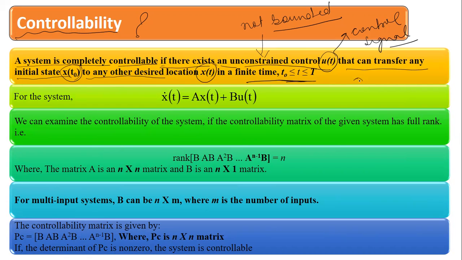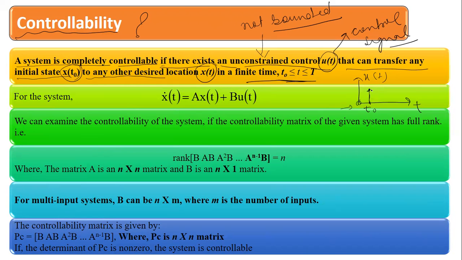For example, you have a system with state vector x(t). At time t0, it is, let us say, here. t0 does not always mean that it is at the origin.